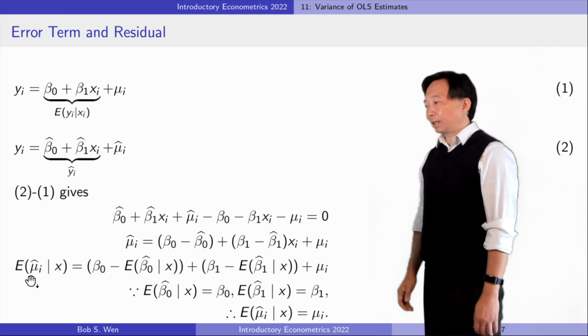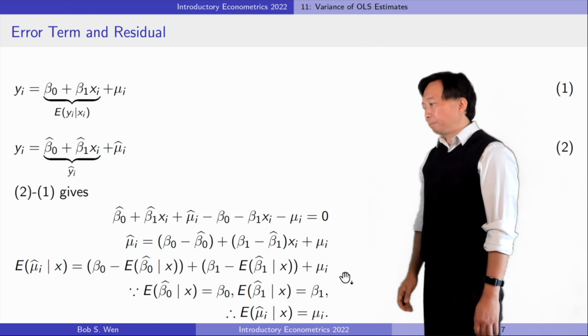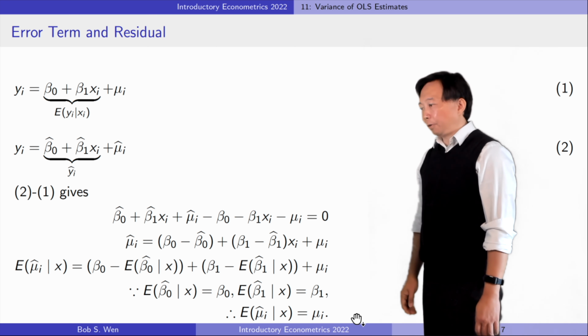We take the expected value of the residuals conditional on x. Since beta 1 hat and beta 0 hat are unbiased estimators for beta 1 and beta 0 respectively under the zero conditional mean assumption, the OLS residual is an unbiased estimator for the error term.